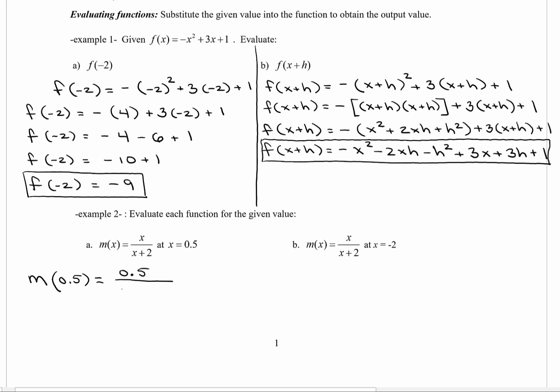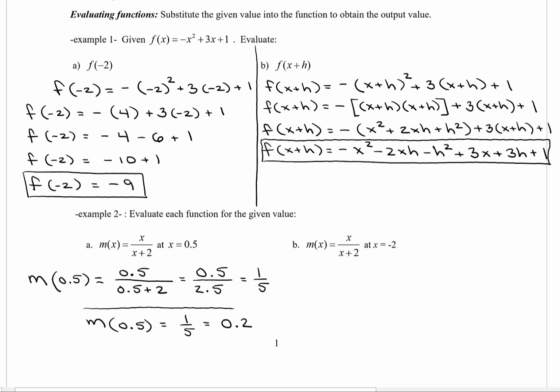This is going to be equal to 0.5 divided by 2.5, which is equal to 1 over 5, or 1/5. So I'm going to write m of 0.5 is equal to 1/5, which is also equal to 0.2, or 2/10. I'm going to box that in. That's going to be our answer.